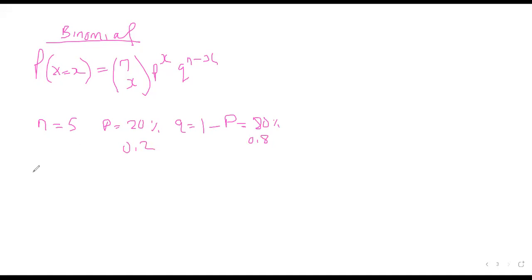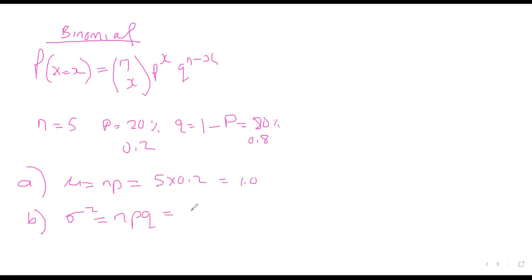So you're asked, part A, find the mean of this distribution. The mean is simply given by n times p, where n is 5 and p is 0.2. So our mean for this binomial is 1.0. But part B, you could be asked to find the variance. The variance is npq.